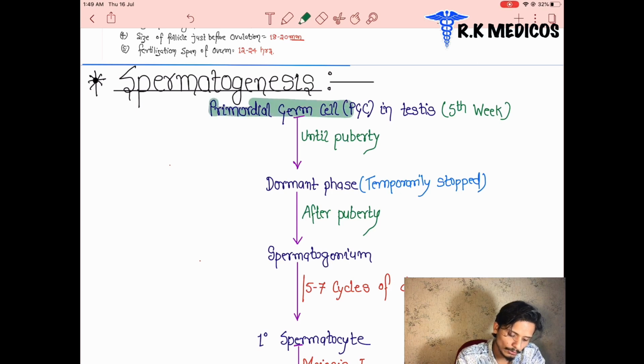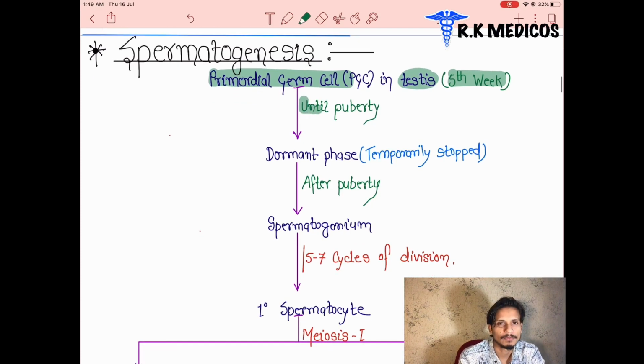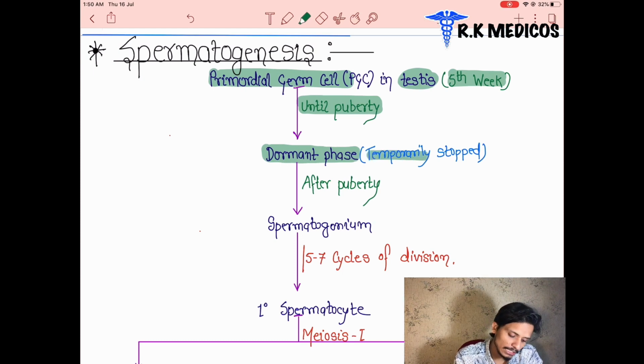During the 5th week of development, spermatogenesis gets arrested, and till puberty all these steps are stopped, waiting for the puberty of the male child. Before puberty, these primordial germ cells in our testis are in a dormant phase, temporarily stopped, not absent. And after attaining puberty, what happens?